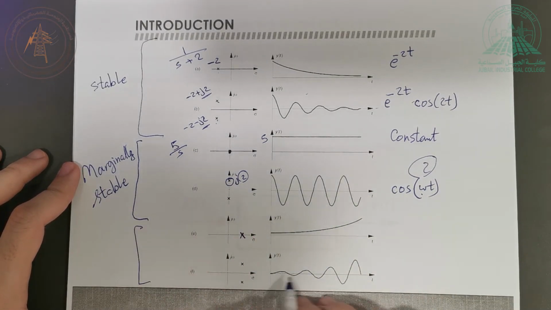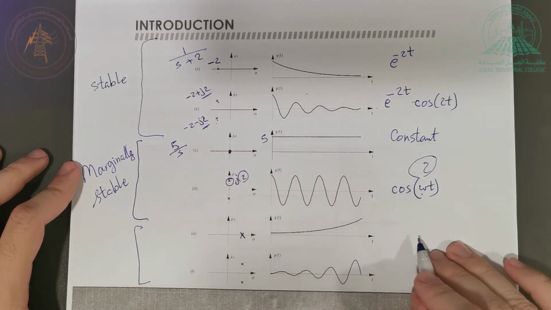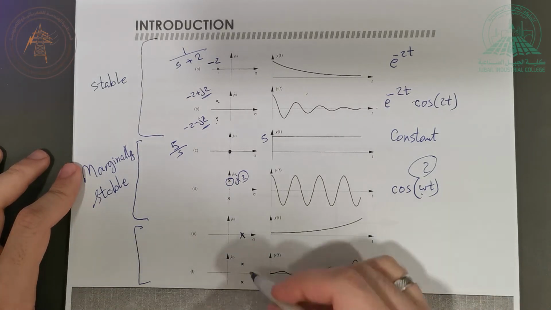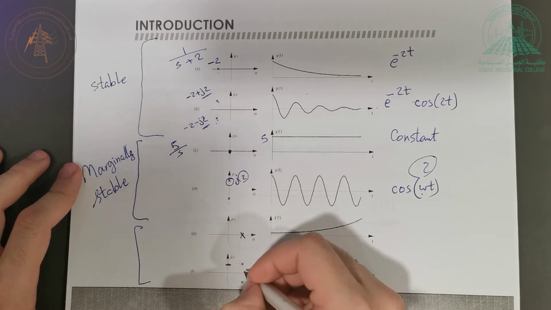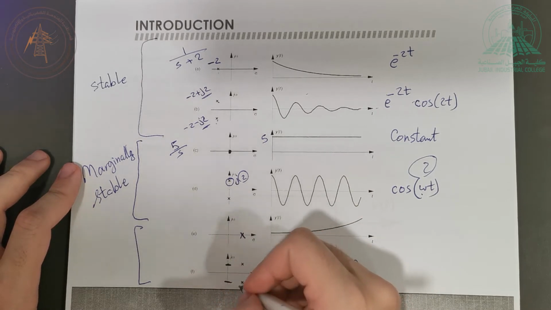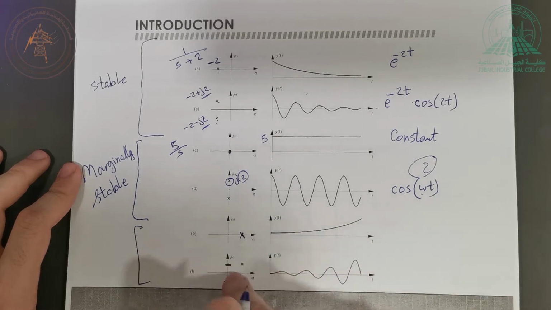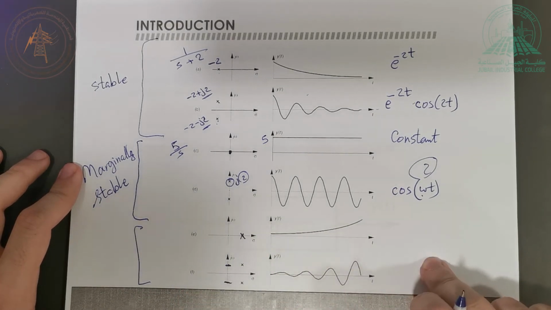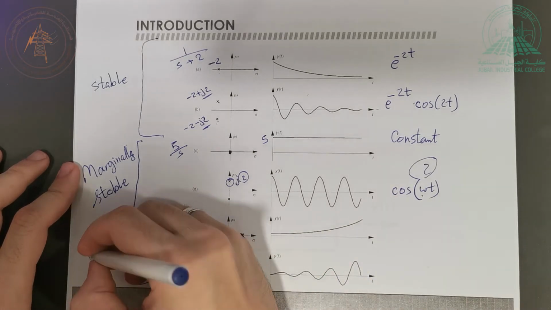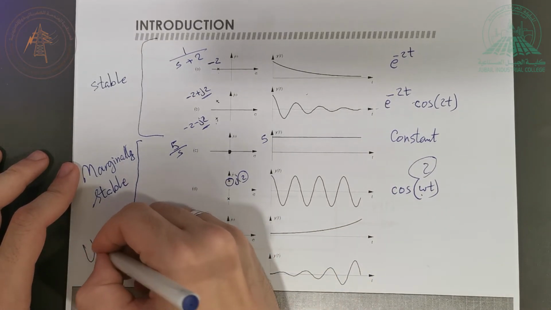Similarly, this one is also unstable, but it grows with oscillations, because here I have an omega part. So omega here is not equal to 0 anymore, so it will oscillate with this particular omega. If omega is equal to 3, this will oscillate with a frequency of 3 radian per second. So these cases are unstable.